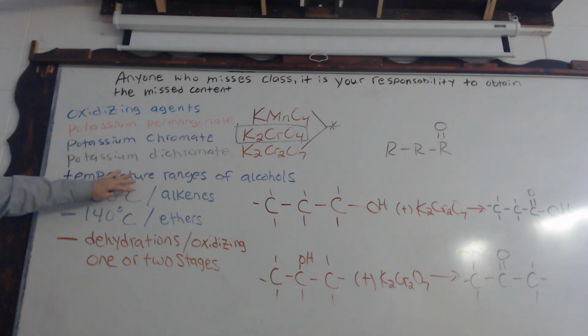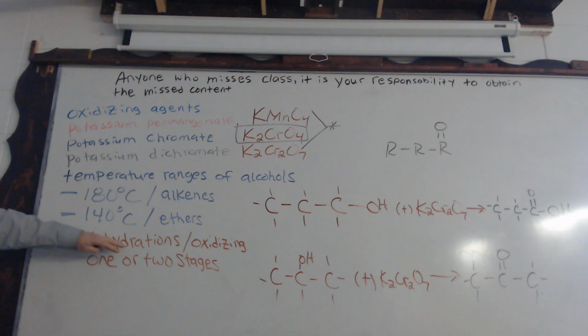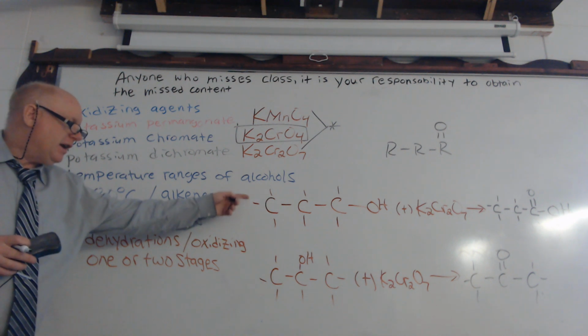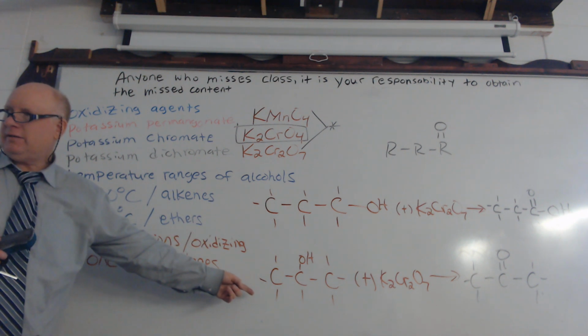So when we're looking at these with temperature ranges, these are dehydration reactions. All of those alcohols can go through it, okay? But when we look at oxidations, there's one that just says, I don't want to do this, okay? But we know that primary alcohols can oxidize. We know that secondary alcohols can oxidize.